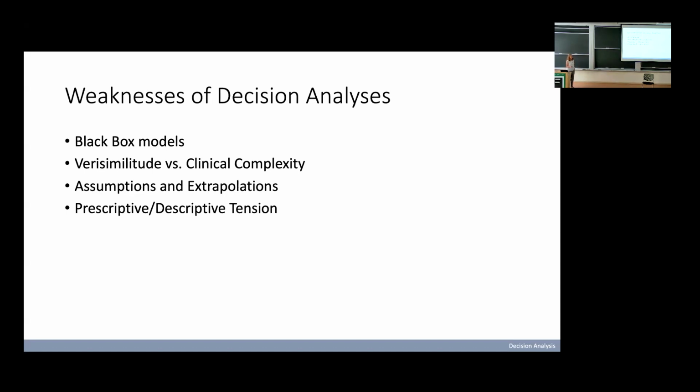And the other thing I find is the prescriptive versus descriptive tension. I find it mostly happens to people new to modeling, who embrace the modeling idea, decision makers and modelers alike. You're just so excited to see that model, and it's all really cool.